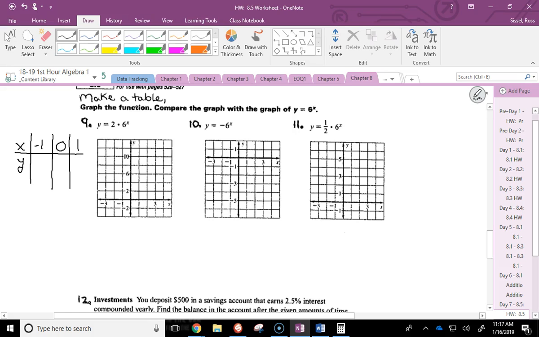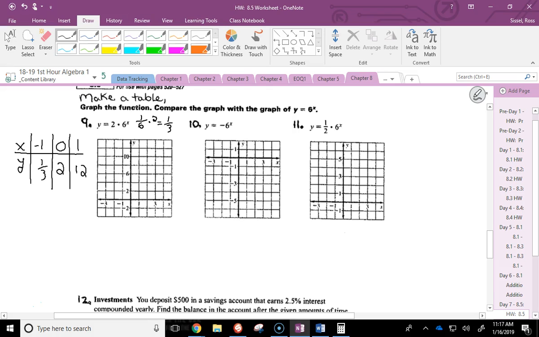So when x is 0, 6 to the 0 power is 1, and 1 times 2 is 2. 6 to the first power is 6. 6 times 2 is 12. Go to the negative. 6 to the negative 1 power is 1/6, and times 2 would give me 2/6, which I simplify to 1/3.